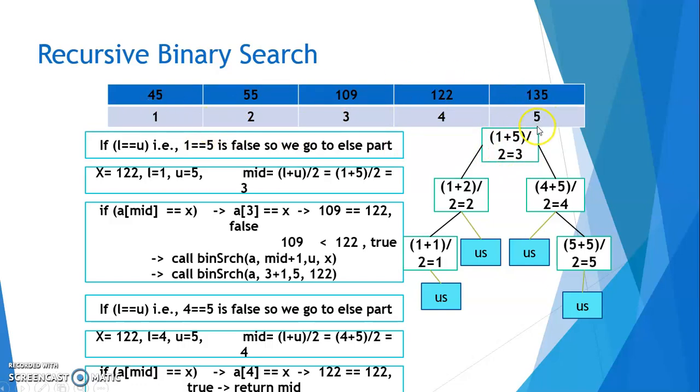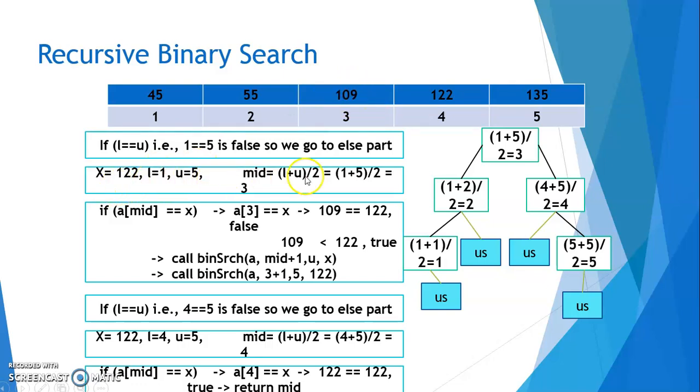Now 1 is not equal to 5, so we calculate (1 plus 5) divided by 2, which is equal to 3. So 3 becomes the midpoint, which is this element. The item we are looking for is 122, as given here, and the item at the third location is 109. So both are not the same.